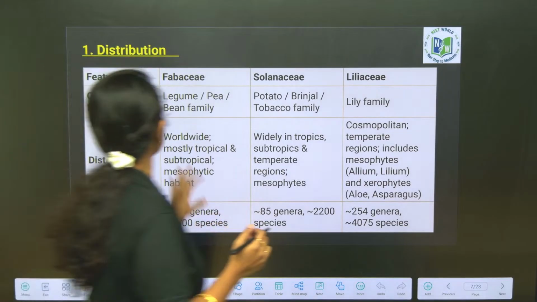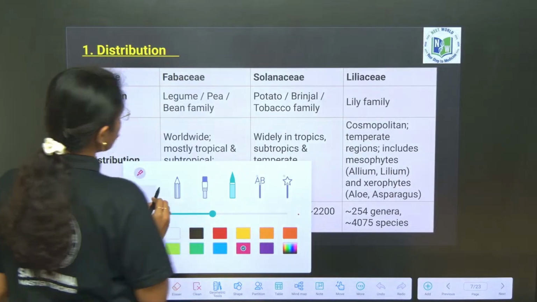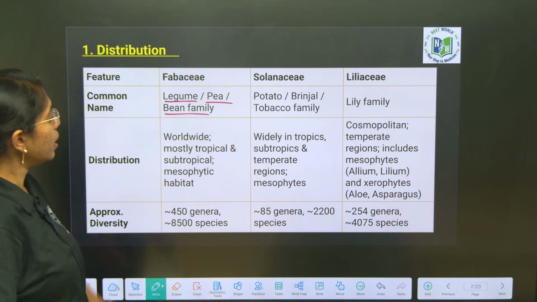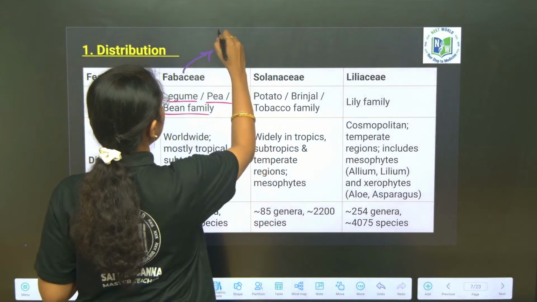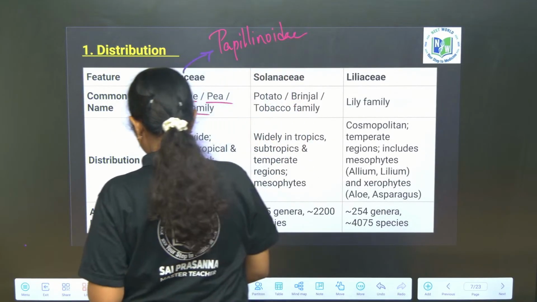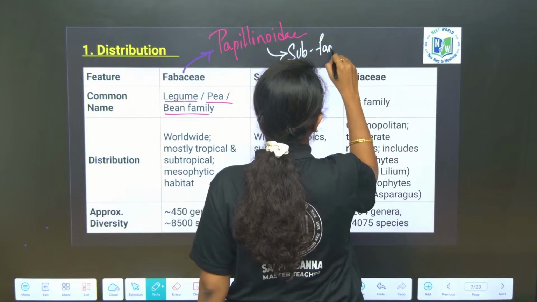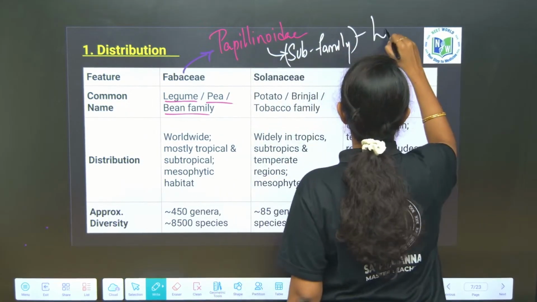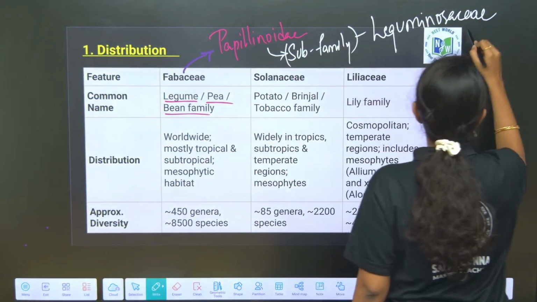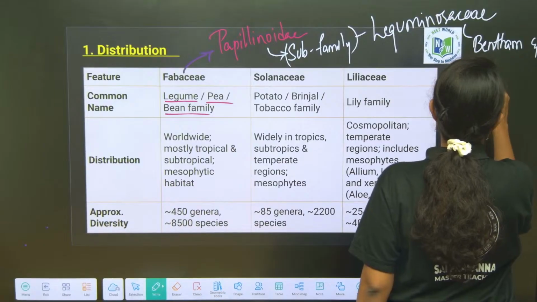Here we go. First, what are the common names for these families? Fabaceae is also known as Leguminosae or pea or bean family. Previously, this was placed under the subfamily Papilionoideae of Leguminosae by the Bentham and Hooker classification.